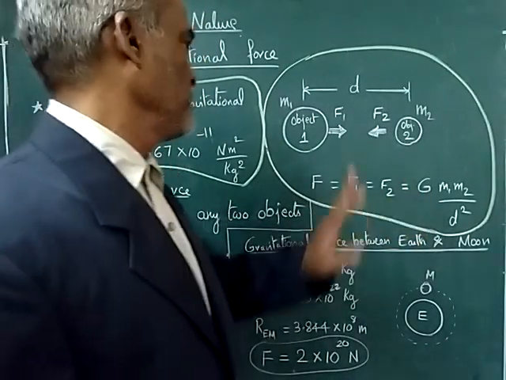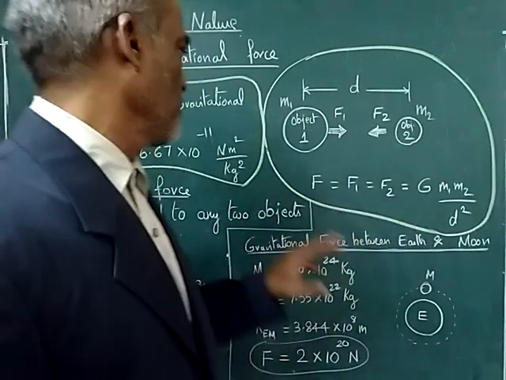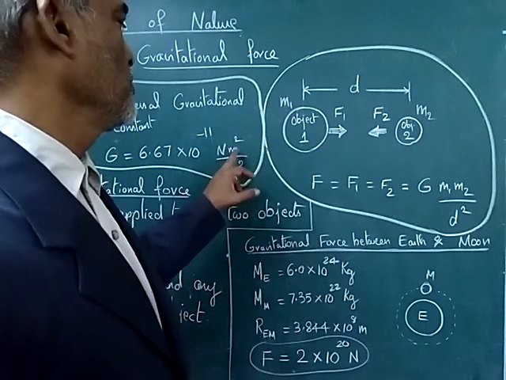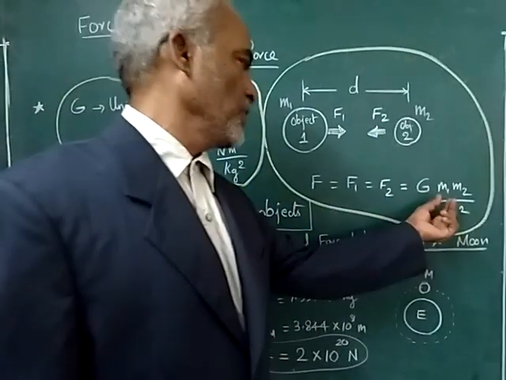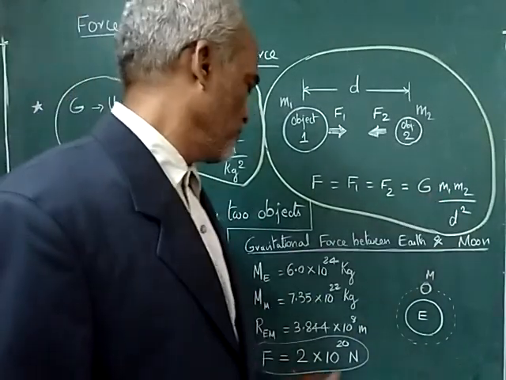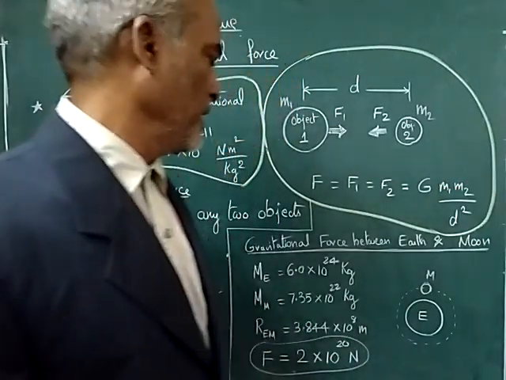Now we have G, the universal gravitational constant, 6.67 into 10 power minus 11 Newton meter square per kilogram square. You substitute that value. The mass of the earth is 6.0 into 10 power 24, and you substitute it here. The mass of the moon is given for m2, divided by distance square.